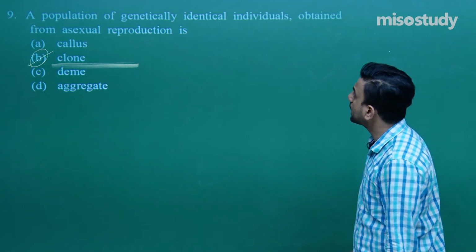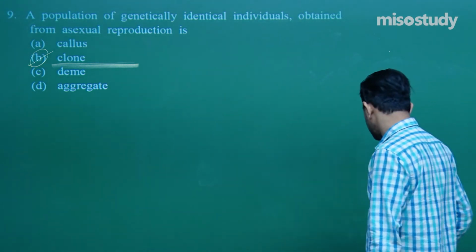A population of genetically identical individuals obtained from asexual reproduction is called what?